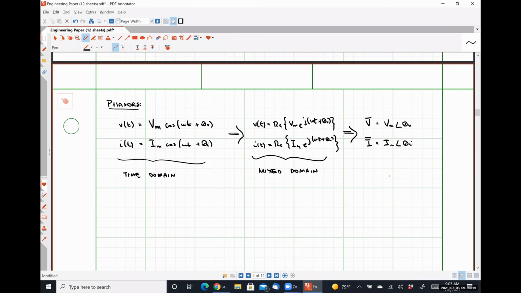We had a constant term of e to the j omega t that showed up in everything. So if it shows up everywhere, we can just cancel it out, and that leaves us with our phasor representations.